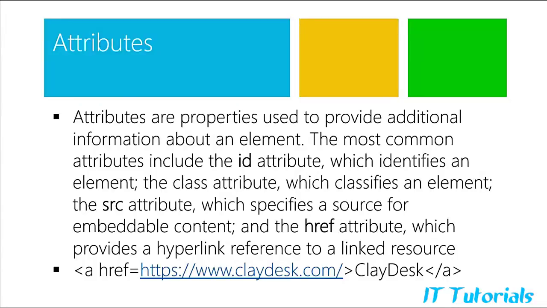And similarly, the href attribute, which provides a hyperlink reference to a linked source. So here, for instance, is an example such as an anchor tag that starts off with the href and then provides a link to a certain website, and then of course our closing brackets with the /anchor tag.